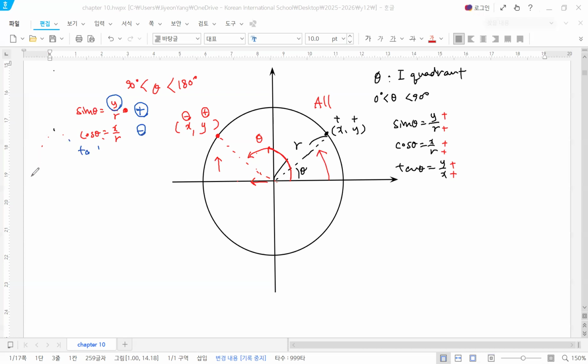Tangent theta is defined as y over x. Since y is positive but x is negative, therefore the tangent value should be negative. So the only positive value is sine on the second quadrant.